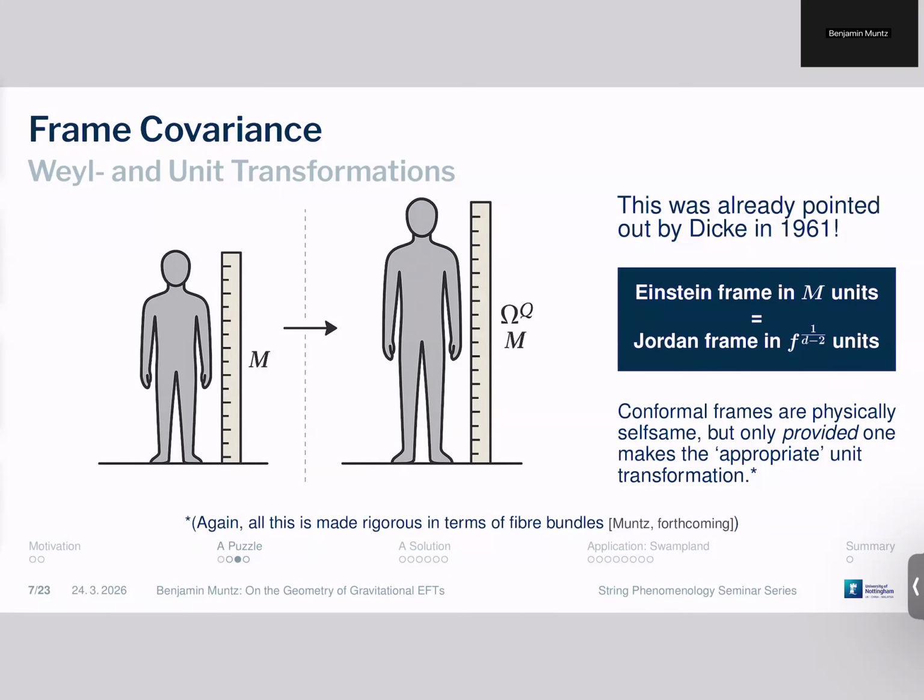So let me be very clear. There is no frame problem. All conformal frames are exactly the same physically, provided that one makes the correct unit transformation when comparing dimensionless observables between different frames. Okay.